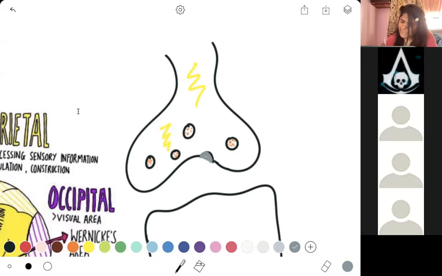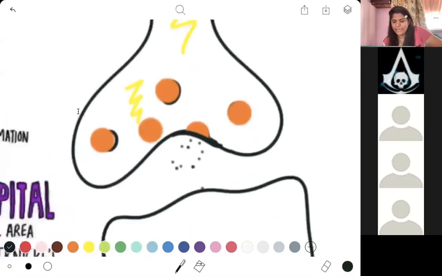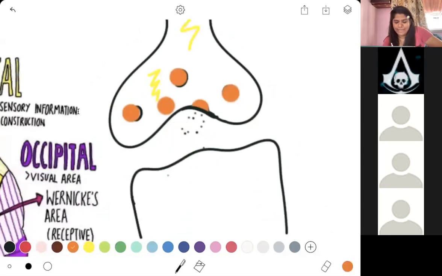They are going to be released out here, and then these chemicals are going to be picked up by your other neurons over here, and then they are going to get converted into electrical impulses again.